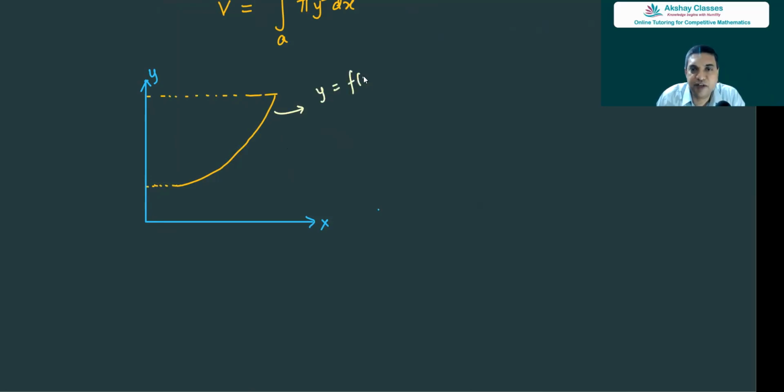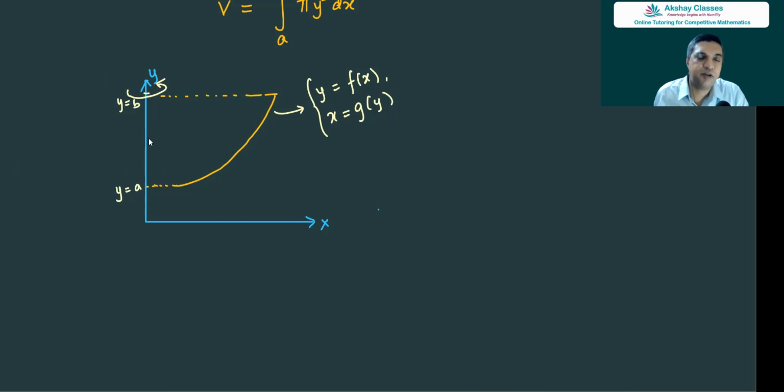Y is equal to f of x, or we can write x is equal to g of y. They are the same curve. All right. Now, we want to find the volume of revolution of this curve about the y-axis. So it revolves about the y-axis. Now this is y equal to a to y equal to b.